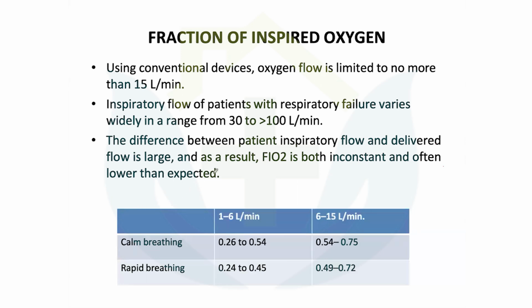If 6 to 15 liters per minute is given, then calm breathing is 0.4 to 0.5 to 0.7. So if the patient breathes rapidly, the FiO2 is lower than in those doing physiological breathing.